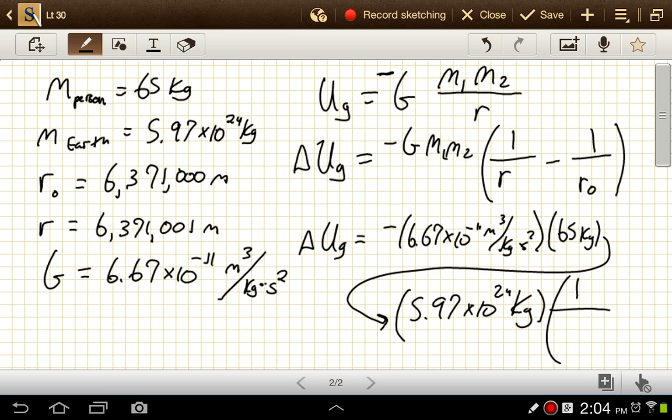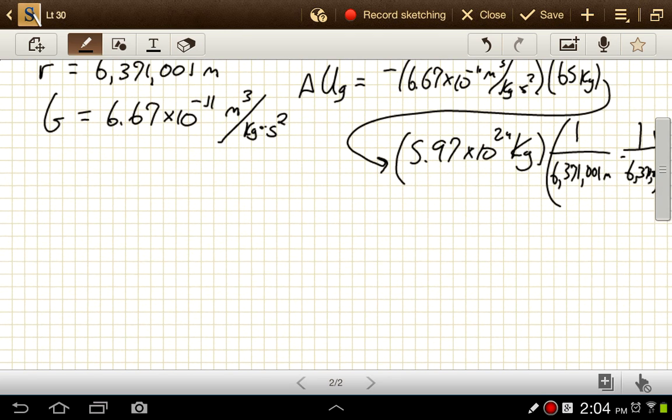So when they're at the surface of the Earth, this is the distance from the center of the Earth. And now when they're jumping upward 1 meter, this will be the new distance, just slightly different. So that would be 1 over 6,371,001 meters minus 1 over 6,371,000 meters.